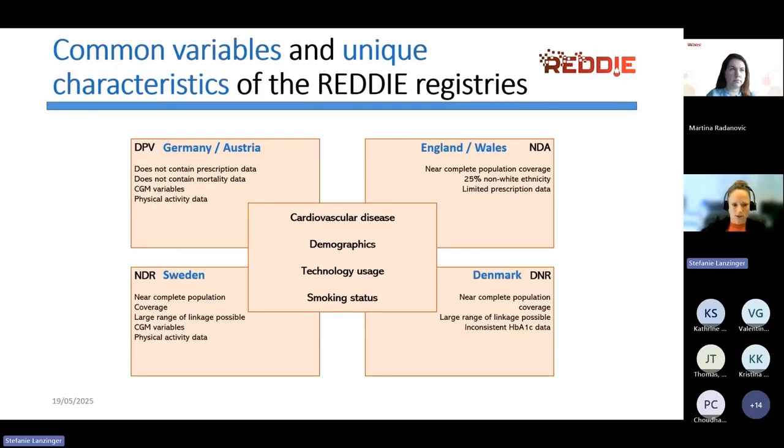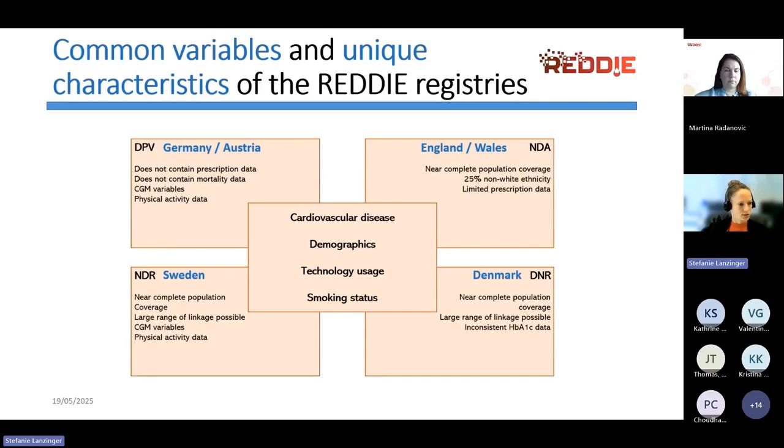So here the unique characteristics and common variables in the 4 registries are visualized. So in principle, in all 4 registries, we have information on cardiovascular disease, demographics, technology usage, and smoking status, but there are also some strengths and limitations. So in the DPV registry, we have information on CGM variables, but DPV does not contain mortality information.